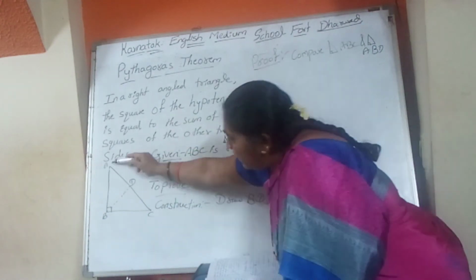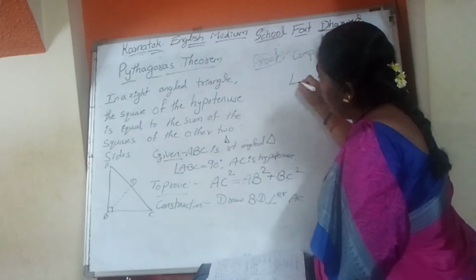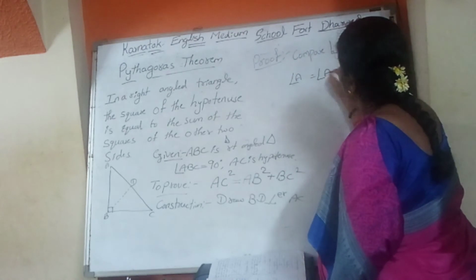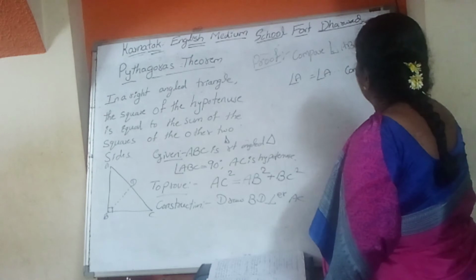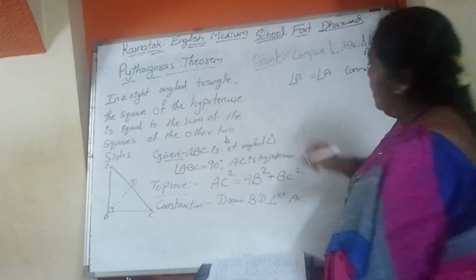Angle A is equal to angle A, that is a common angle.